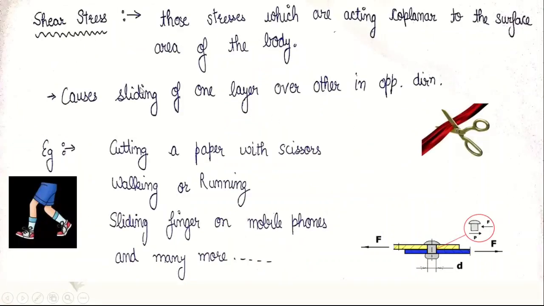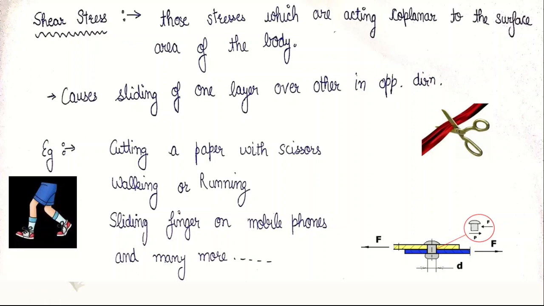This shear stress will be causing the sliding of one layer over the other layer, but in the opposite directions. There are many examples of shear stresses that we can discuss, but I will be giving you a few examples from our daily life. Like, have you ever thought that when we walk or run on the ground, we apply shear stress?